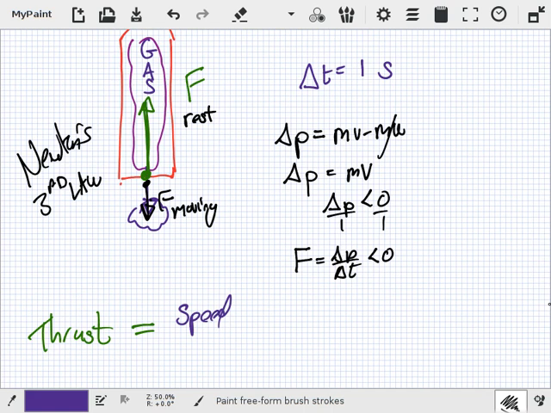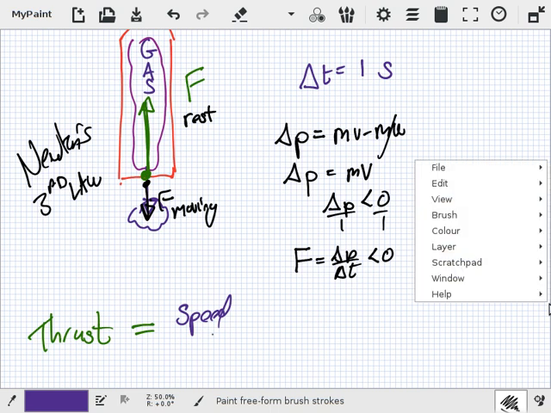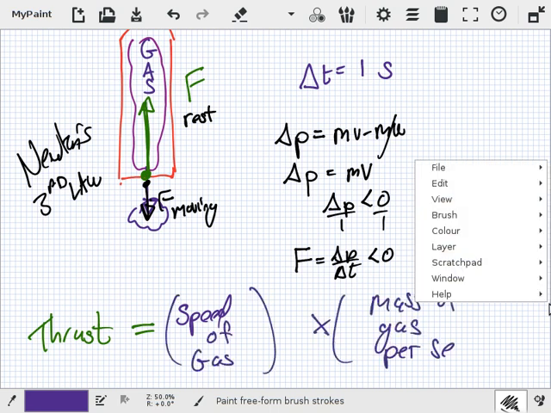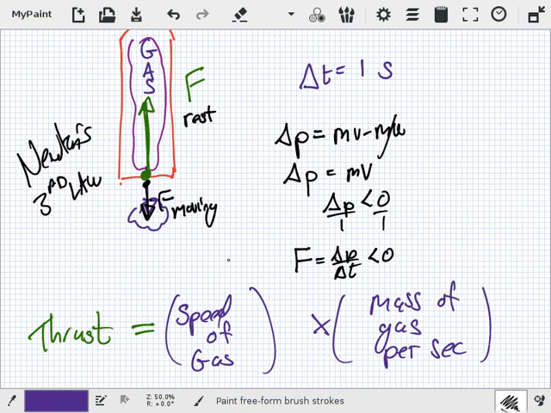Now let's see how good I did without looking. There we go, I didn't do too bad without looking. This is the formula to calculate what you might call the upthrust.